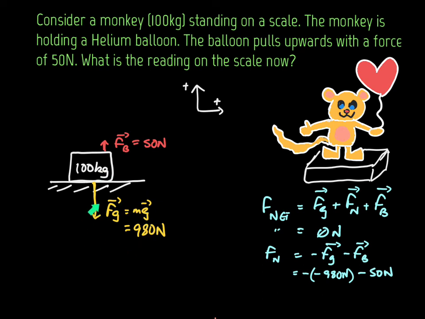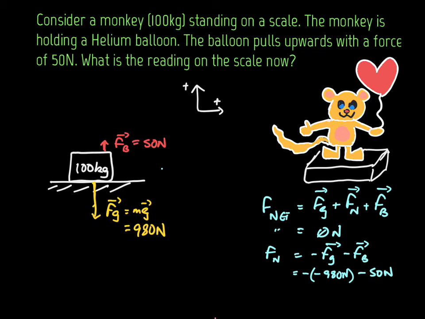We can also see there's the force of gravity acting on the monkey, which is simply 9.8 multiplied by 100. And we also see this balloon force or buoyant force, which I've called FB, which is 50 newtons.